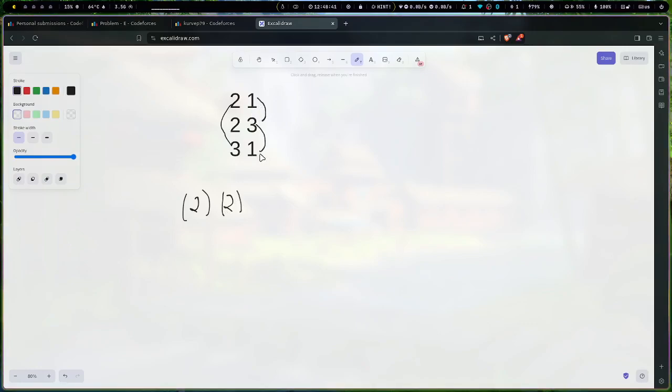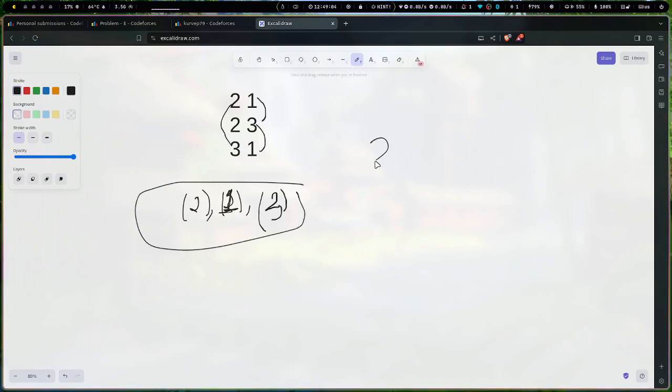This and this point, 3, right? This is 1, oh sorry, 1. So see, you are able to get 3 distinct Manhattan distances.